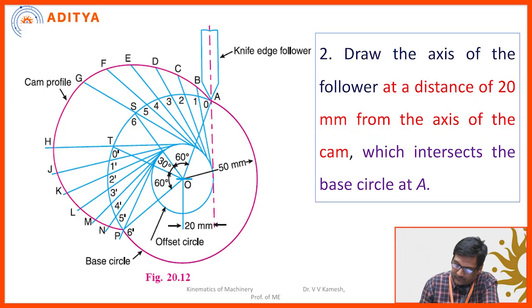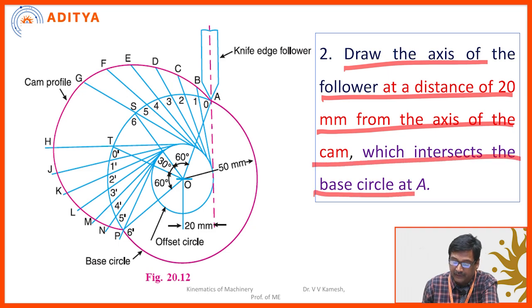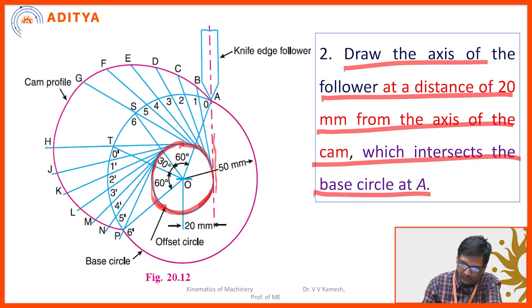Draw the axis of the follower at a distance of 20 mm from the axis of the cam. It will intersect the base circle at A. In simple language, from the offset circle you draw a line, and it will cut the base circle at point A.